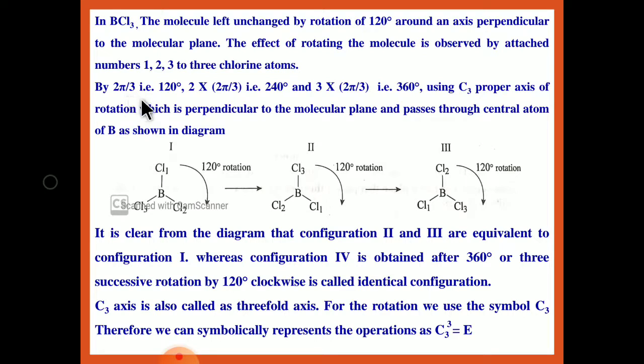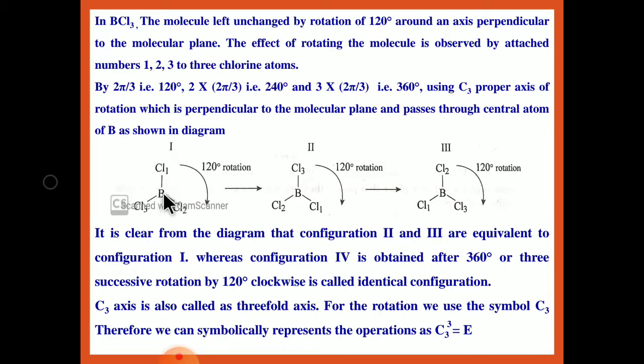Now we see the rotation by the C3 axis. Here by 2π/3, that is 120 degrees, 2 into 2π/3, that is 240 degrees, and 3 into 2π/3, that is 360 degrees. We use the C3 proper axis of rotation, which is perpendicular to the molecular plane and passes through the central atom boron as shown in the diagram.